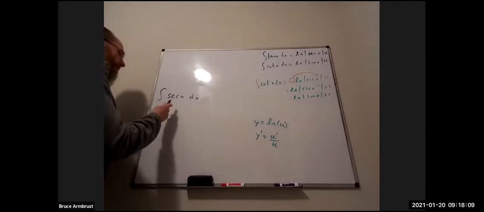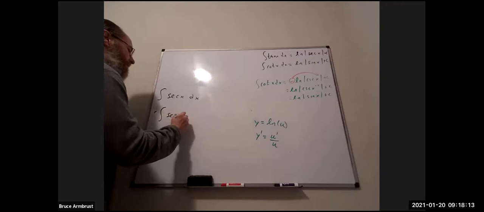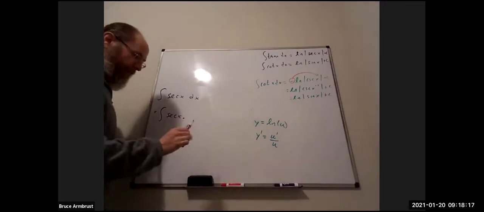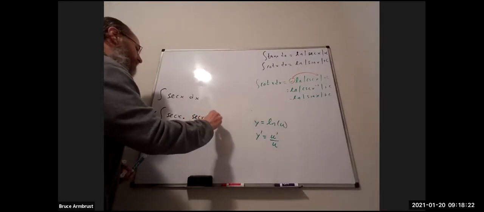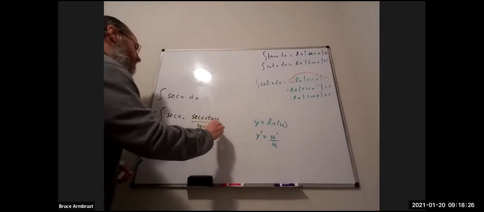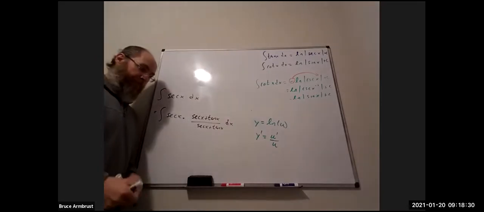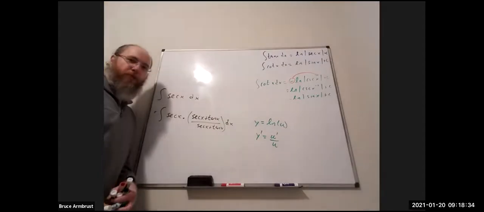I'm going to take this secant of x, and I'm going to multiply it, just go with this, by secant plus tangent over secant plus tangent. Because all of this is just a glorified version of 1.